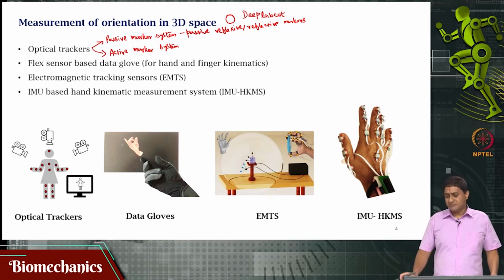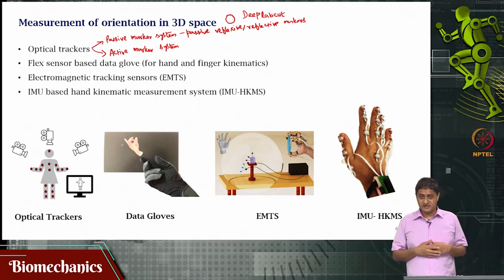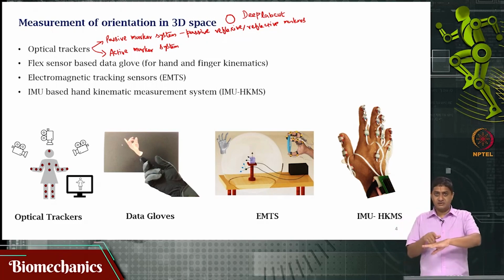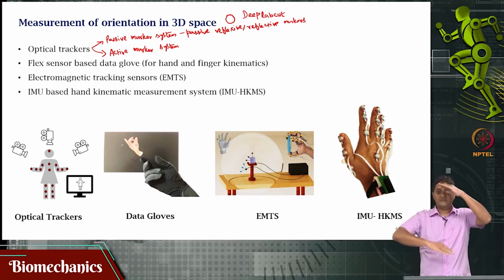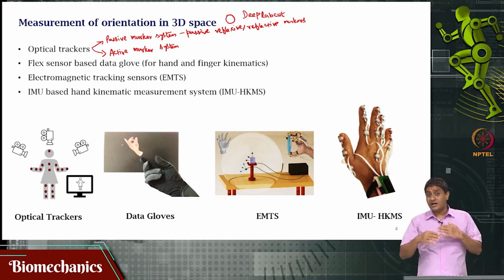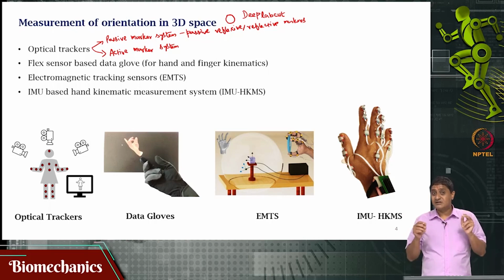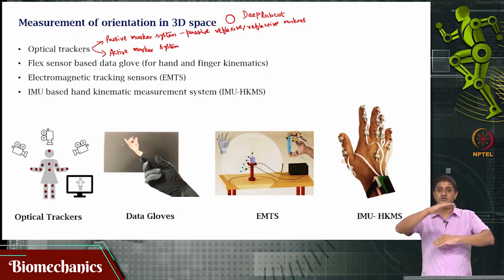Not just that. Sometimes what happens, let us say I have a set of passive reflexive markers placed on both my arms, and I am doing this movement, where the visible light camera that is recording is placed at around the same place where you are watching me. Now, the passive reflexive markers will cross over each other.